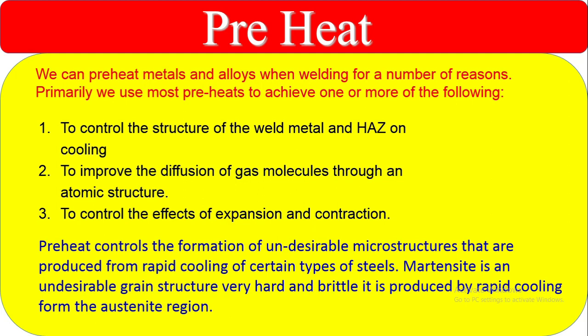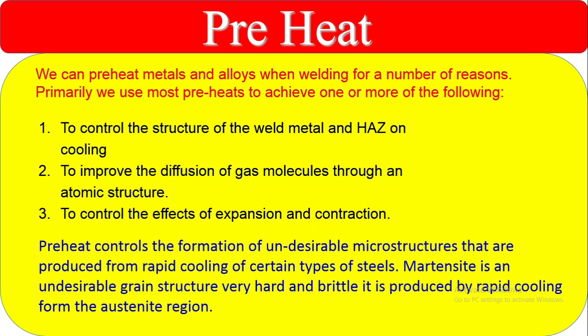If you have not done the preheat but it is required, what will happen? In that case, rapid cooling will be there. In rapid cooling, what will happen in steel? Martensite will be generated. Martensite is related to the carbon equivalent CE diagram.